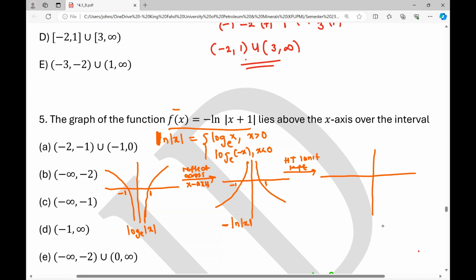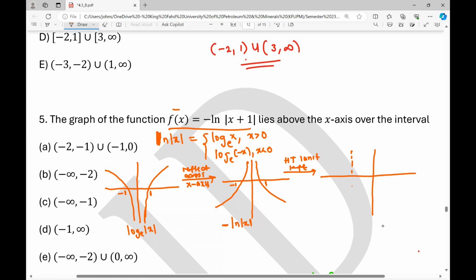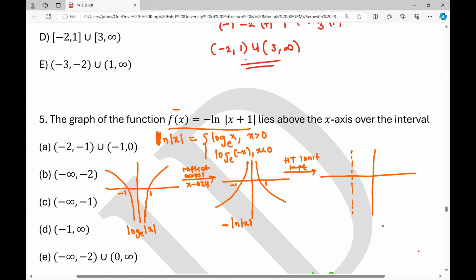You see this point minus 1, you move it 1 unit left, it means it's going to cut at where? It's going to cut at minus 2. So the horizontal asymptote is going to change. I mean, the vertical asymptote is going to change.